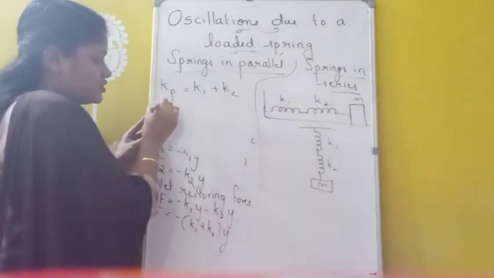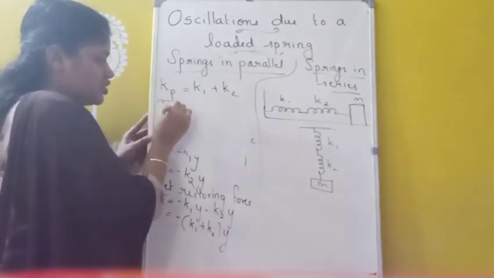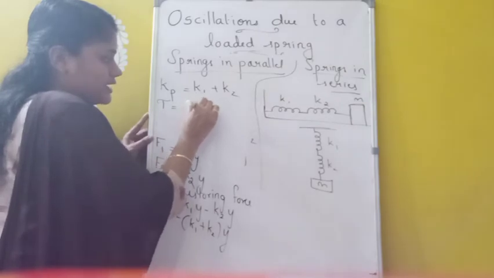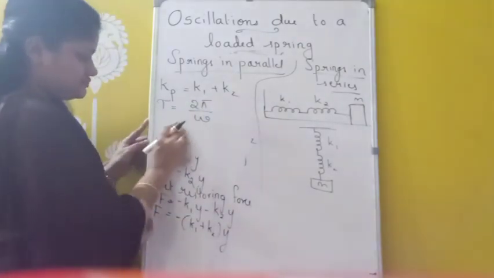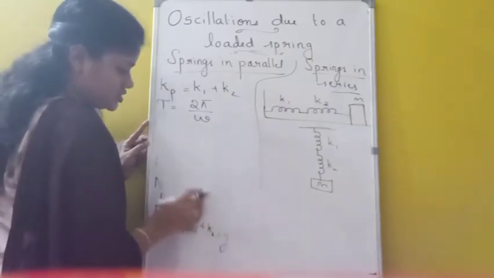Now we have the formula for time period of oscillation. Time period, what is the formula? T equals 2 pi divided by omega. What is omega?